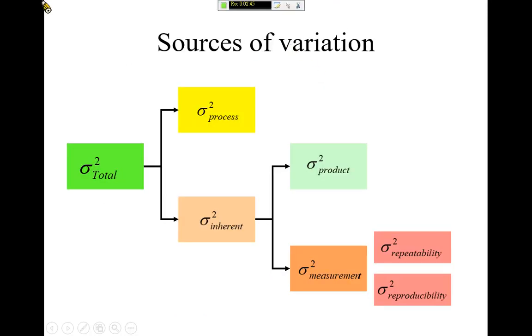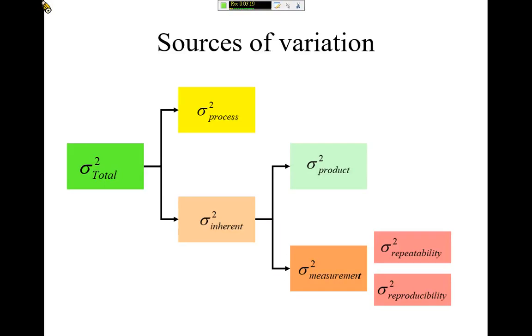Actually, let us introduce the sources of variation. Total variation can be divided into process inherent variation, which is the variation from product to product, and the second part, which is from the measurement.